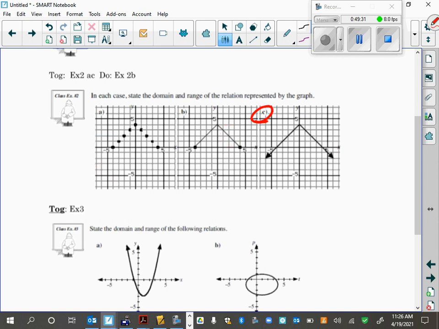Okay, we're now on this one. The domain, all the values of x. Where are the values of x? The x-axis goes left to right. How far does this graph go left?